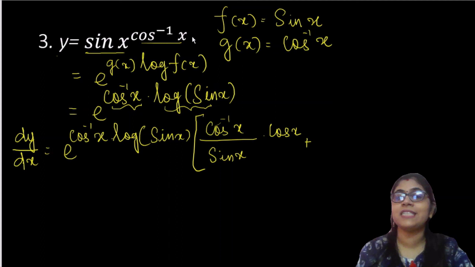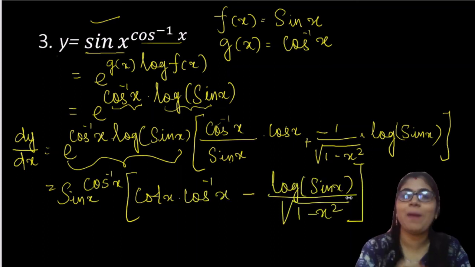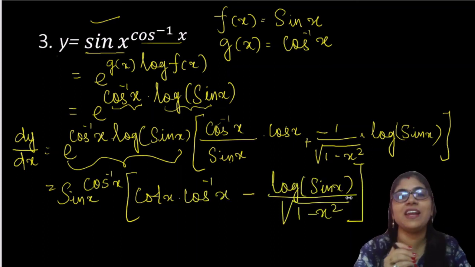So we can write cot x into cos inverse x minus log of sin x divided by root over of 1 minus x square. So isn't it simple? By applying exponential and logarithmic methods, we can easily solve this type of complicated sums.